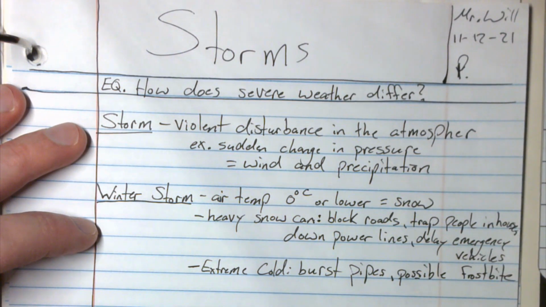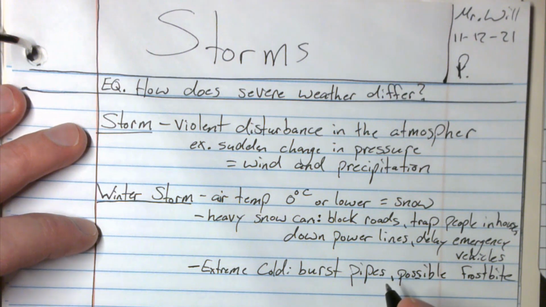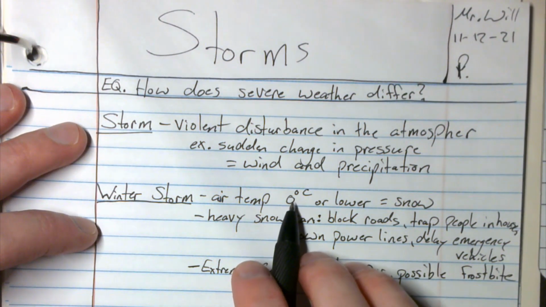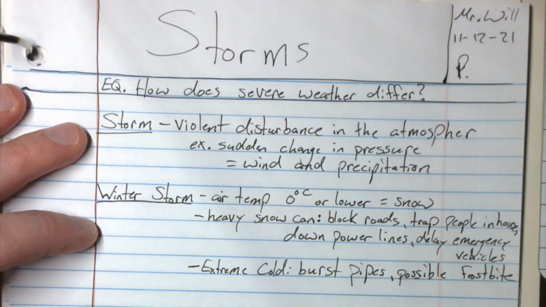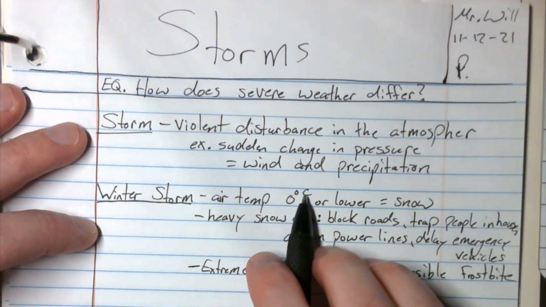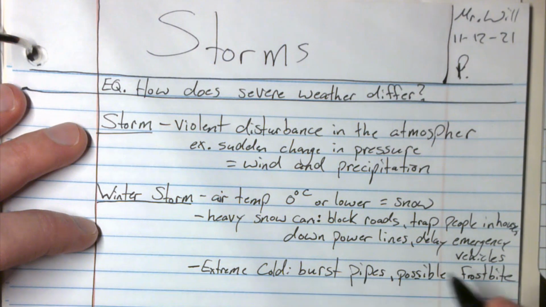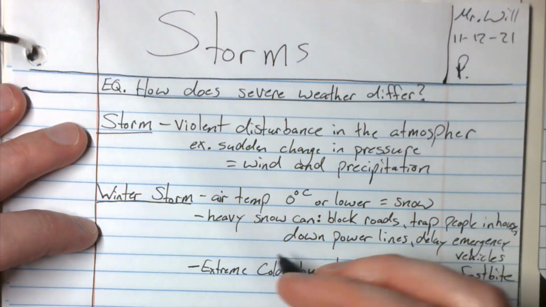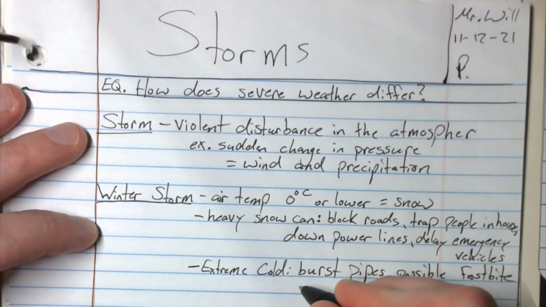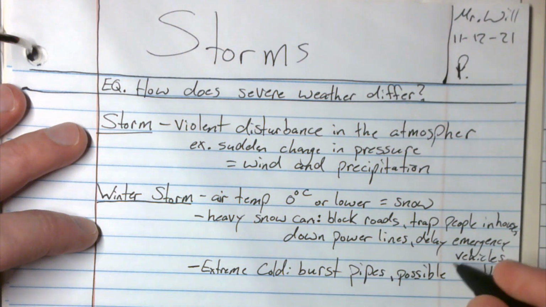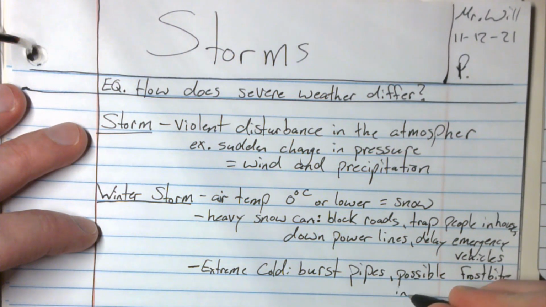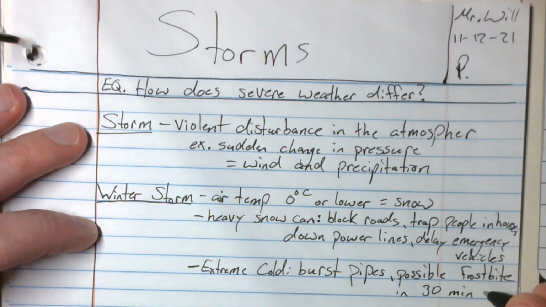And you can get frostbite in about 30 minutes if it is below freezing. So that's 0 degrees Celsius is below freezing. That'd be like 32 degrees Fahrenheit. But yeah, just 30 minutes outside. Let's put that in there actually. So possible frostbite in 30 minutes or less.